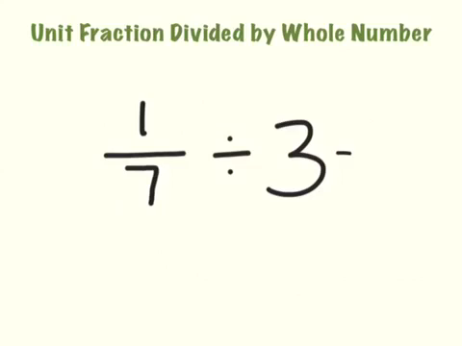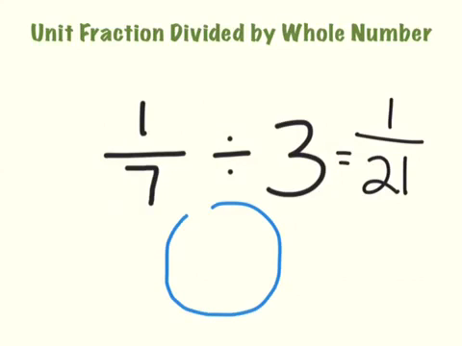If you worked out the problem correctly, your answer should be 1/21. To illustrate that, let's say that this circle is our one whole, and we need to divide that into 7 equal pieces, which is a little bit of a tricky task. Not bad if I do say so myself.